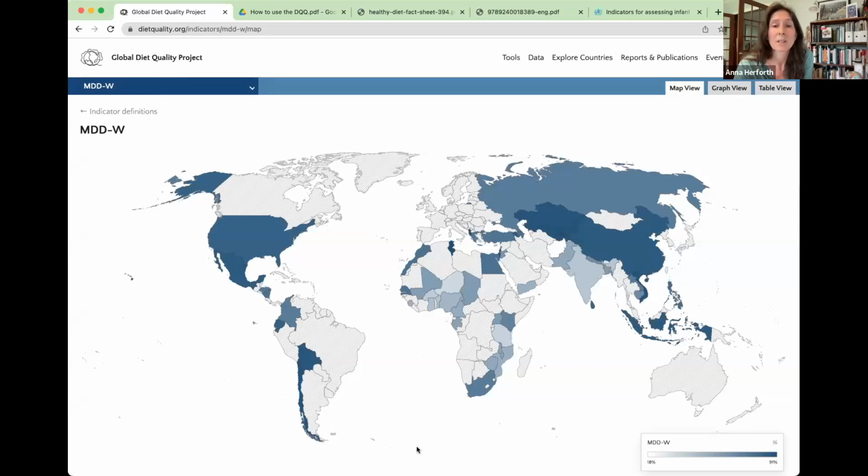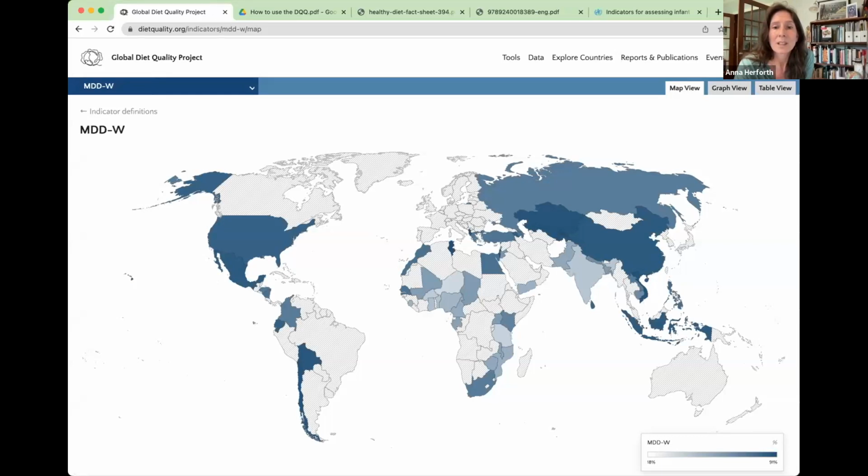If they've consumed at least 5 food groups, they're more likely to have nutrient adequate diets. And so we can see here across countries that there's quite a wide diversity in the percent of women aged 15 to 49 who have consumed at least 5 out of 10 food groups, the minimum diet diversity for women.